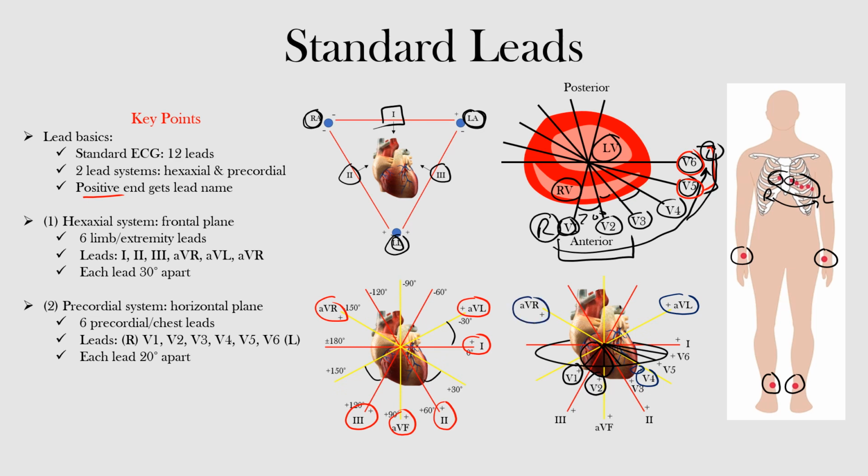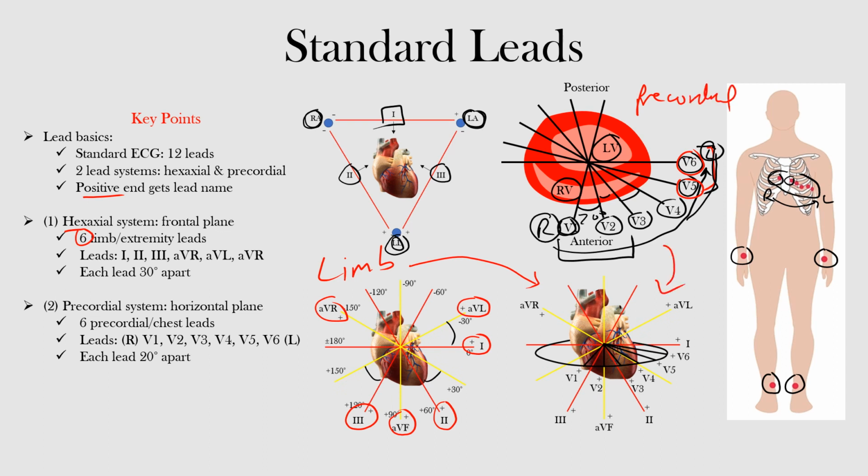So the standard 12 lead EKG combines these two lead systems, and if you can imagine them, they sit right over the top, and we can see that in this image here, where we have both lead systems. We're taking the limb system, or this hexaxial system, hex meaning 6, and we're putting it on this, and we're also taking these precordial leads and putting them on top of the heart, placing them right at the center, and we have both of these going on.